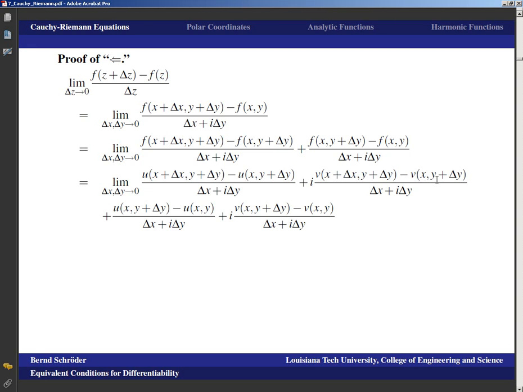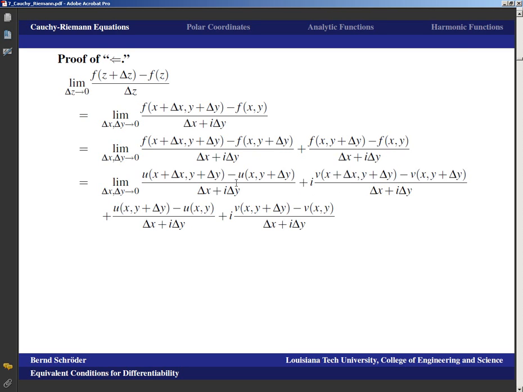And now, well, now it gets ugly. Because now we realize that f is u plus iv. So f of x plus delta x, y plus delta y minus f of x, y plus delta y, that'll be u at the first argument minus u at the second argument plus i times v at the first argument minus v at the second argument, divided by the requisite denominator.